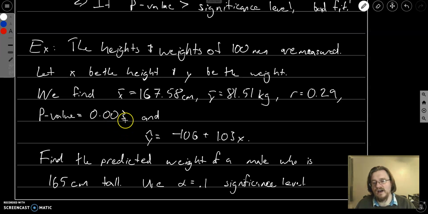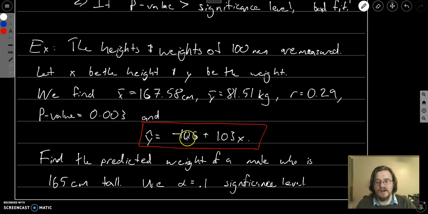So it means that our line is probably a good fit, and here is the equation of our line: negative 106 plus 1.03 times x. So we want to find the predicted weight of a man who is 165 centimeters tall, and we'll use an alpha equal to 0.01 significance level.